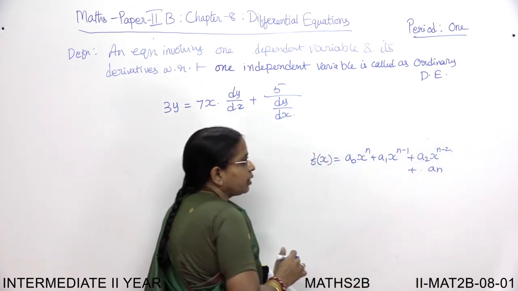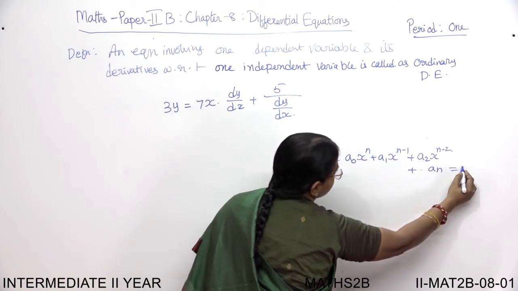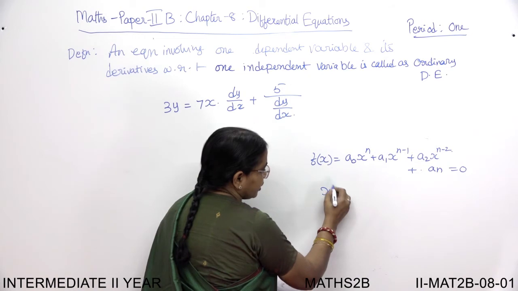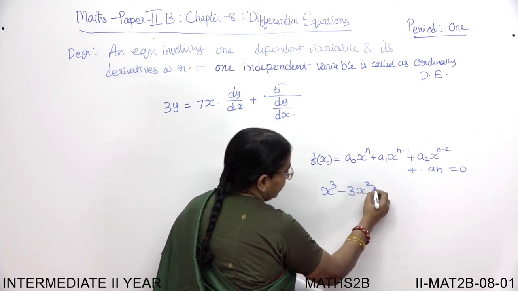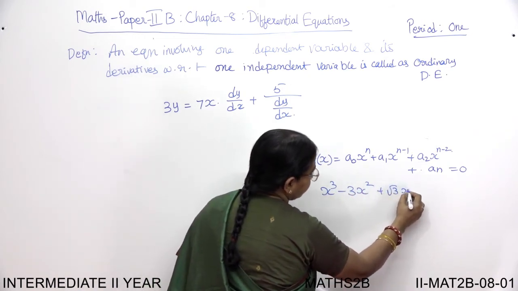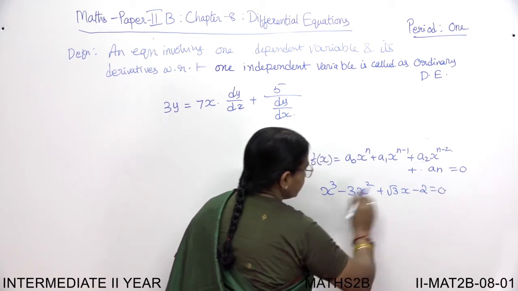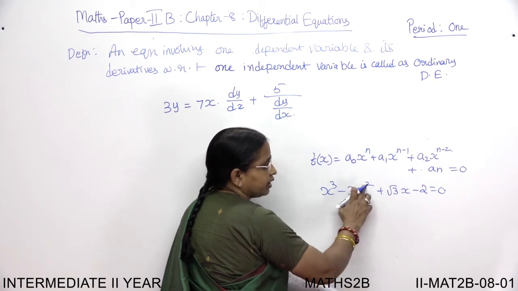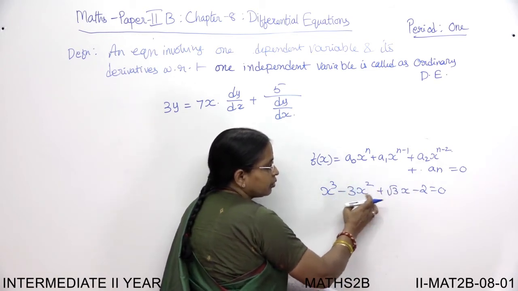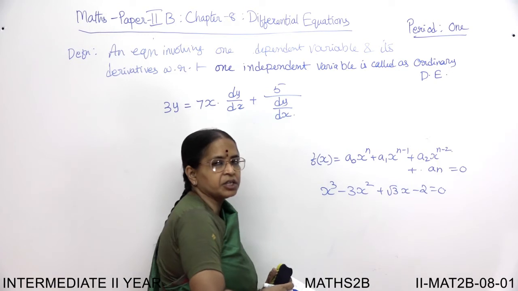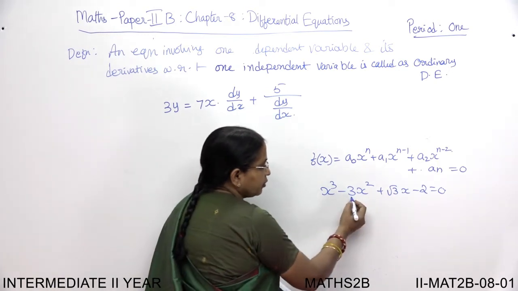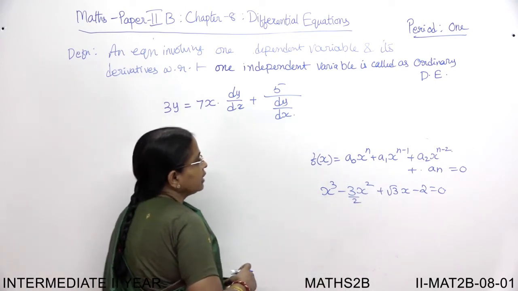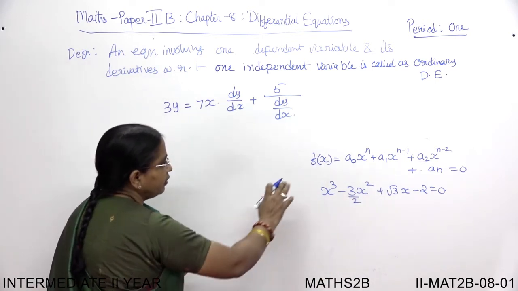This is called a polynomial. When you write it equal to 0, it is a polynomial equation. Like x cube minus 3x square plus root 3 x minus 2 is equal to 0. The powers of the variable should be natural numbers, but the coefficients can be irrational numbers or any number. You cannot have fractional powers for the variable.